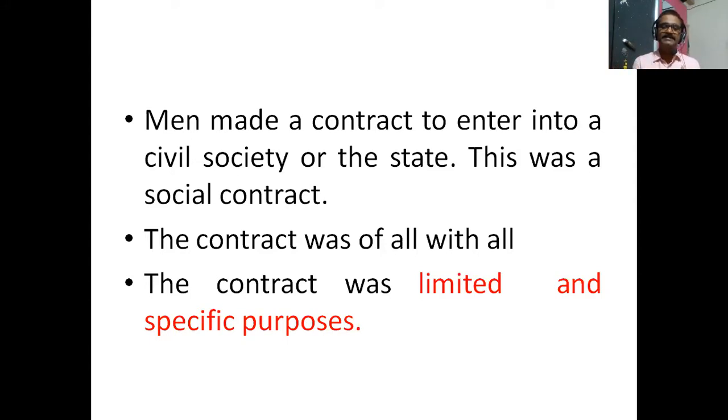Limited in the sense that they cannot remove, they cannot erase the natural rights, the theory of natural rights, and they are bound by the natural rights. And the specific purpose was to protect them. So the government should be there just to protect those three natural rights. So that was the specific purpose for which the contract was entered into.